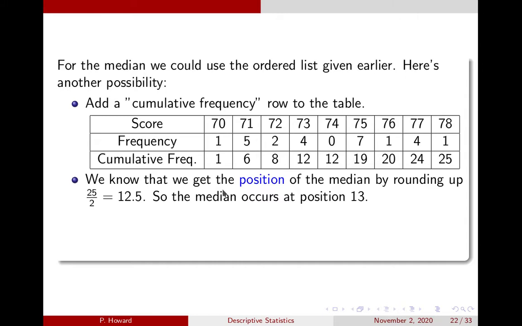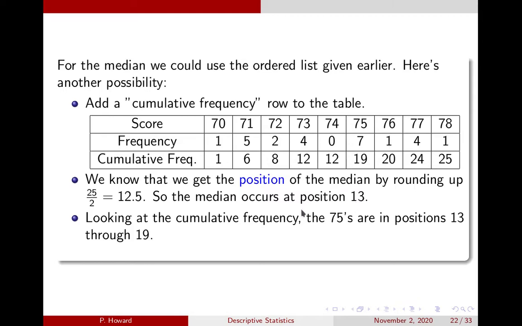Okay, and now we get the position of the median by taking the number of data numbers, 25, dividing by 2, and rounding up to the next whole number. That would be 12.5, rounds up to 13. So the median is in position 13.